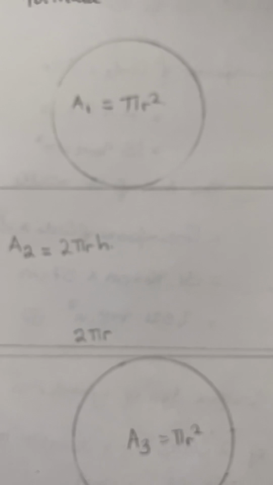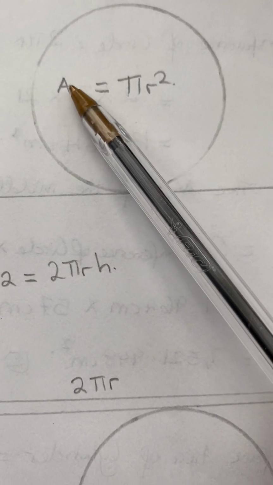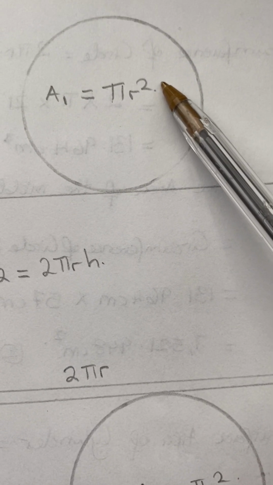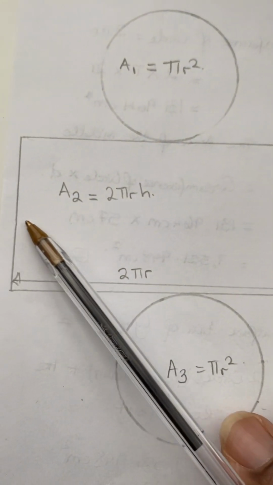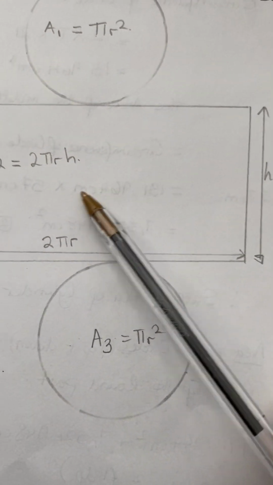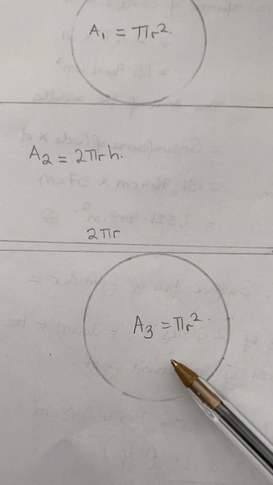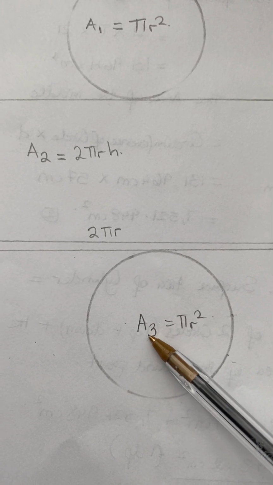So let's look at it again. So the surface area is the top part, A1, pi r squared. Okay, so you need to add the top part, the middle part, which we split open, which is A2, and the down circular part, which is A3.